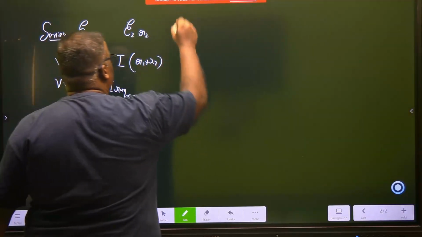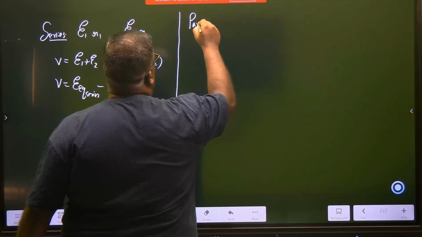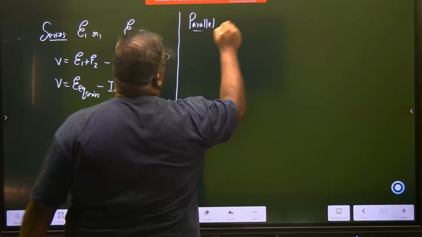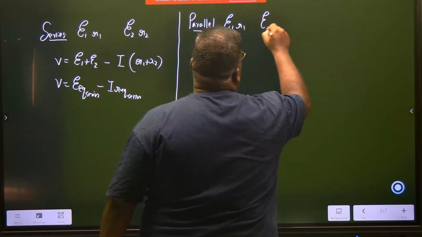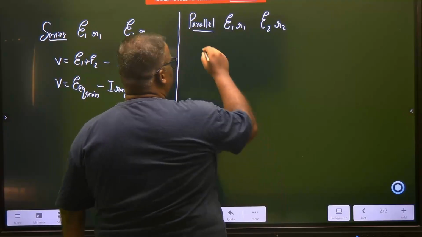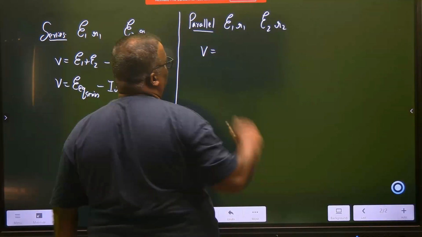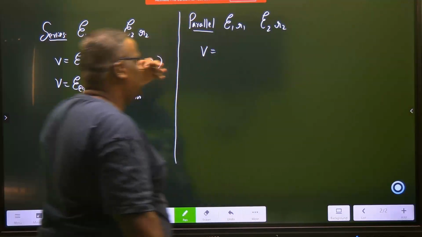And if you see the same thing for parallel, you have a cell E1 with internal resistance R1, a cell E2 with internal resistance R2, then in this case V will be equal to, what happens here, E1, E2 don't add up, you get what is known as a weighted average.